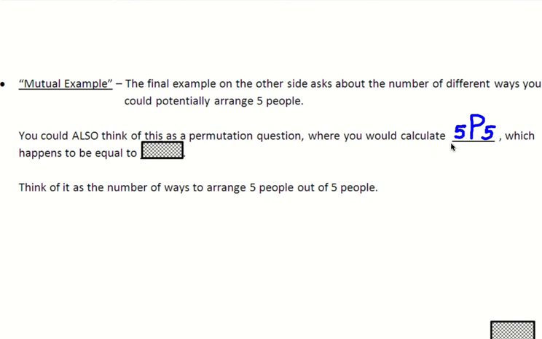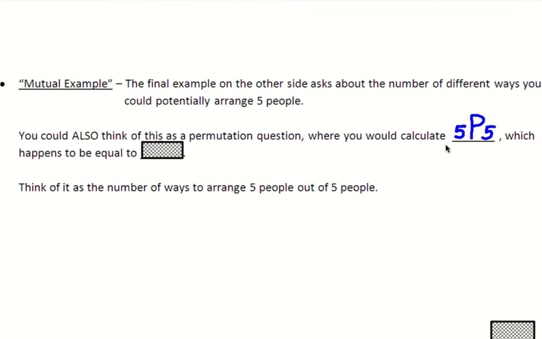Because aren't you really taking a group of 5 people and trying to figure out how many arrangements of 5, how many groups of 5 you could make from a group of 5?